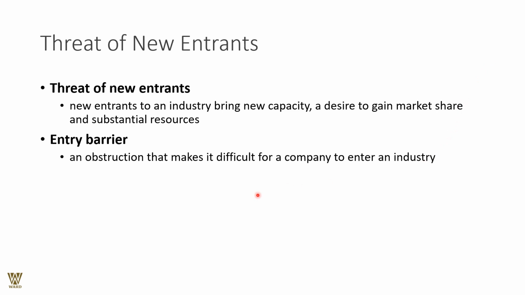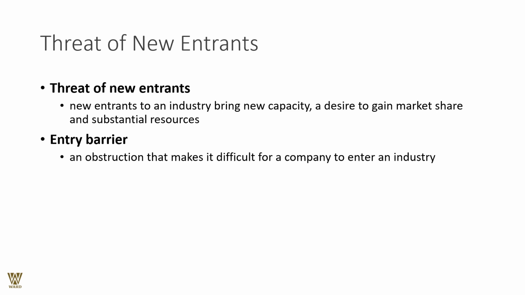Entry barriers are obstructions that make it difficult for a company to enter. Definitely, yes, if we are talking about huge entry barriers, let's say we keep on building 500-bedded super specialty hospitals. That means a huge asset building cost, and to recover that cost, it might take anything from 7 to 15 years.